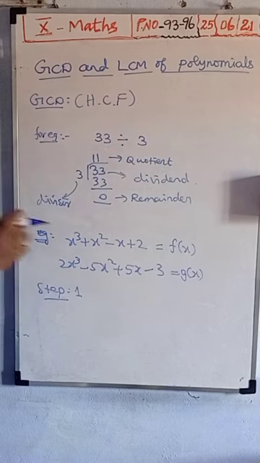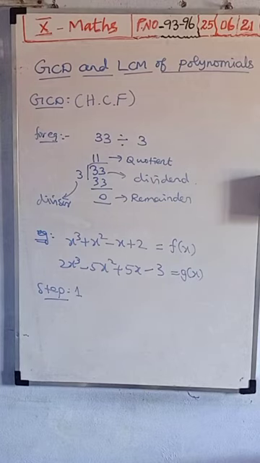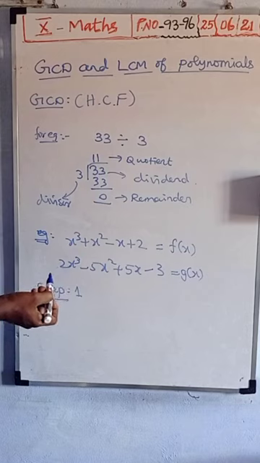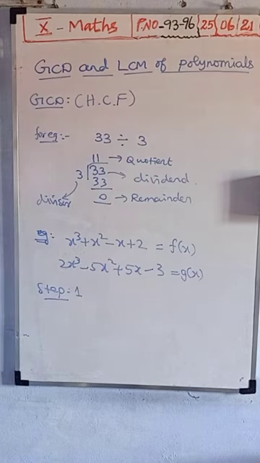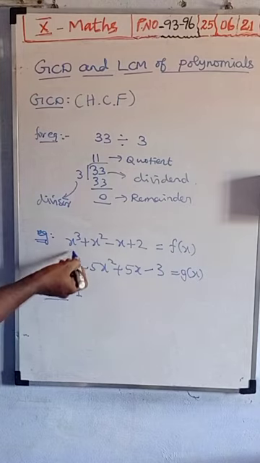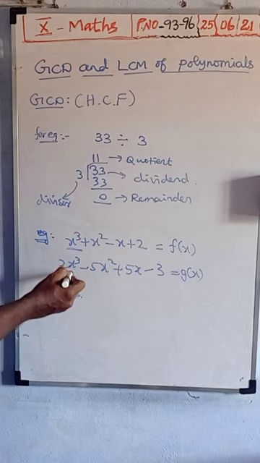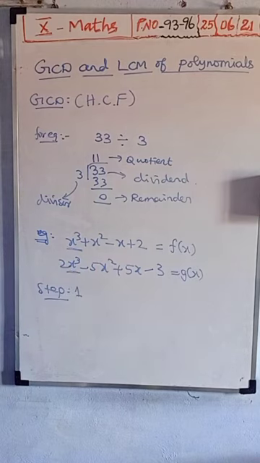Here we do not know which polynomial to divide. So we check the highest degree, that means the highest power. Here x cube and here also x cube. Both polynomials have the same power, that means the same degree.